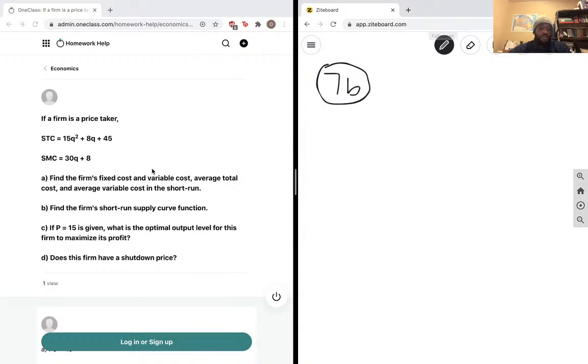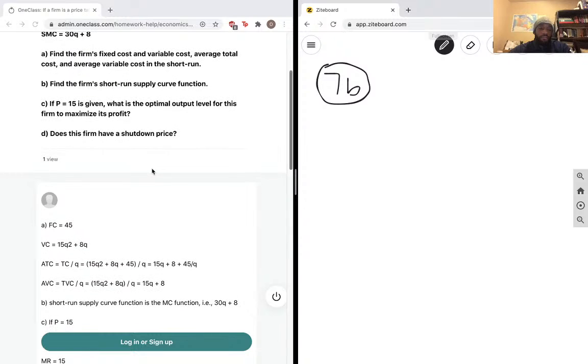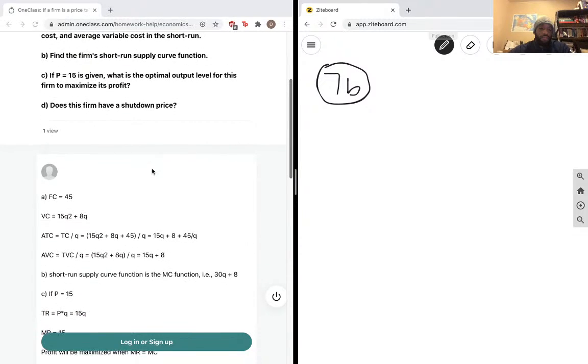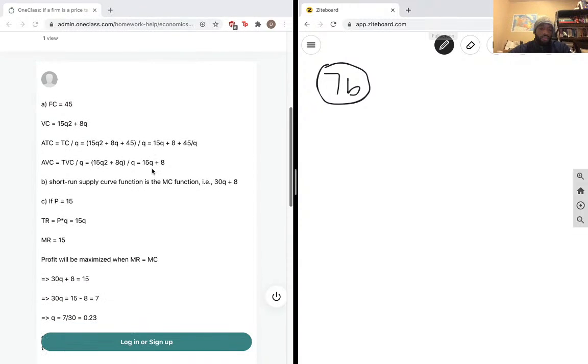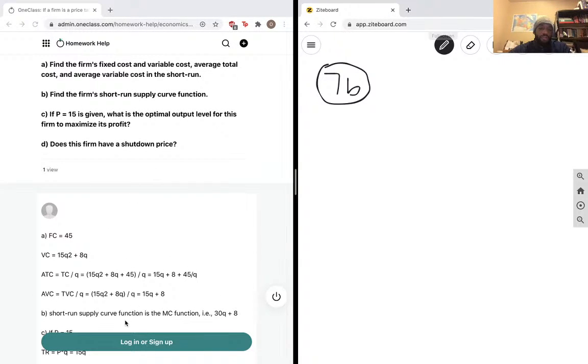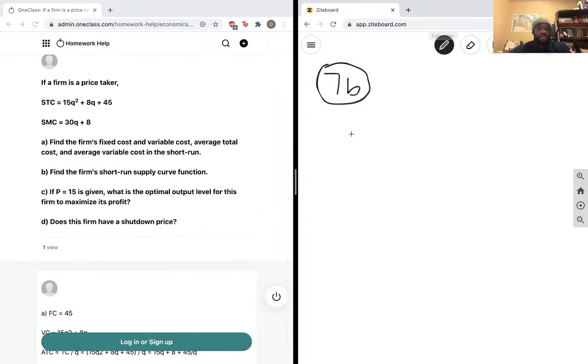Find the firm's short run supply curve function. The short run supply curve function is the marginal cost function, which is 30Q plus 8.